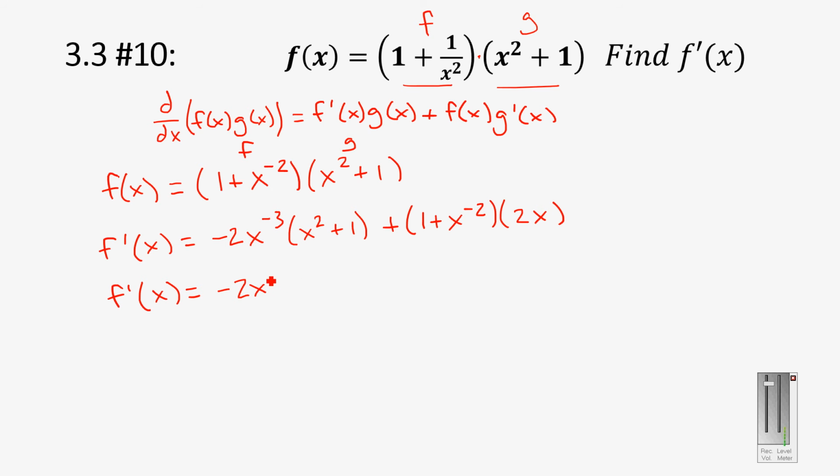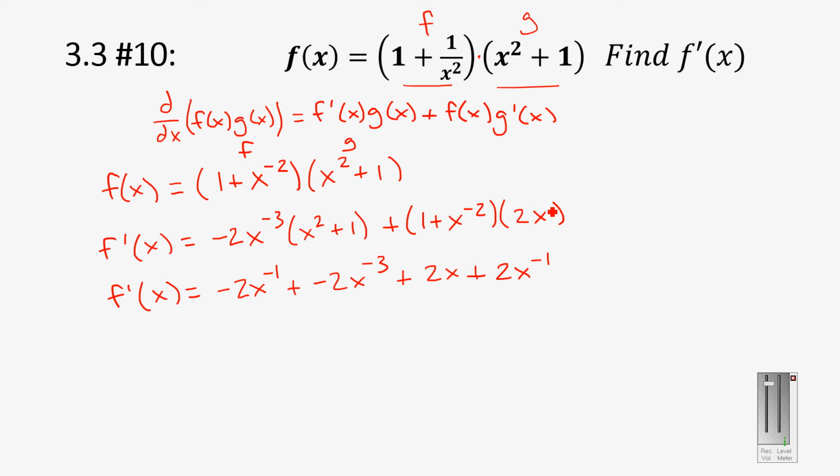Let's see, we add these two, so we get a negative 1 plus negative 2x to the minus 3, so that's just distributing these two here, plus 1 times 2x is 2x, and x to the minus 2 times 2x is plus 2x to the minus 1. There we go.